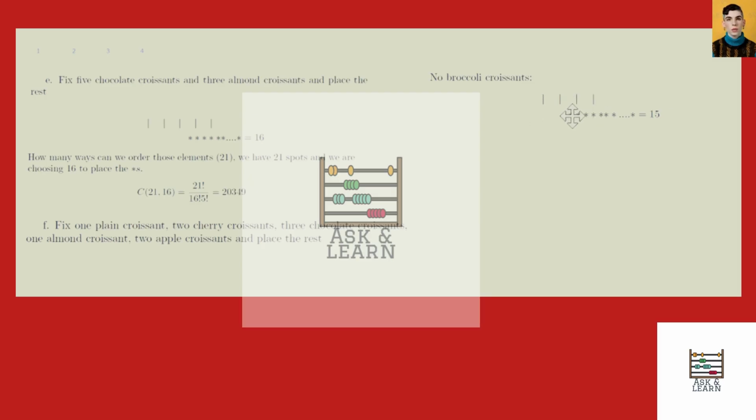Then we have 15 croissants to place still into 5 categories. So that will be how many ways we can order these 19 elements. We have 19 spots, and we are gonna choose 15 to place the stars. That is the combinatorial number 19 choose 15. Okay?